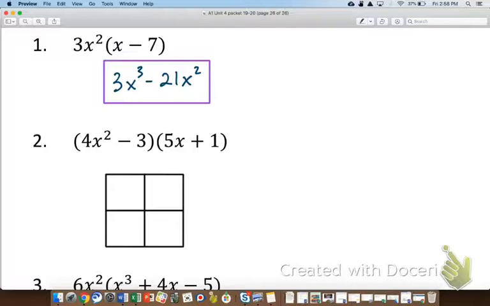So let me just say a word about this. Listen please. If you've ever had any sort of an algebra class, you might have heard the word FOIL to go along with something like this. FOIL is neat and everything, but when you're doing a binomial times a trinomial, FOIL falls apart.